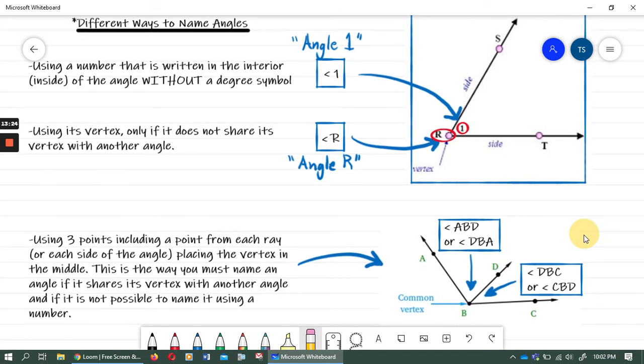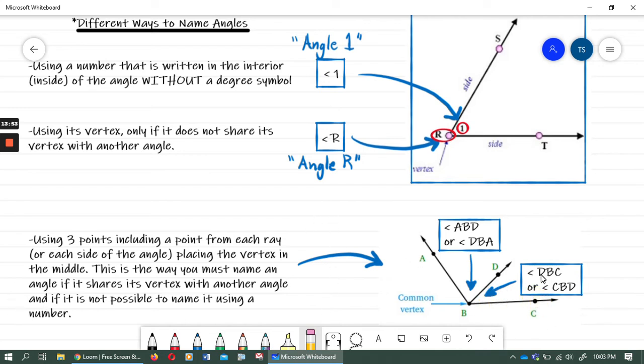The other angle over here in this diagram, if you were using 3 points to name that one, would use these 3 points, D, B, and C. If you follow along those 3 points, you should see which angle we're talking about here.